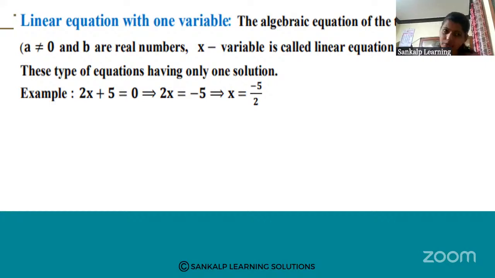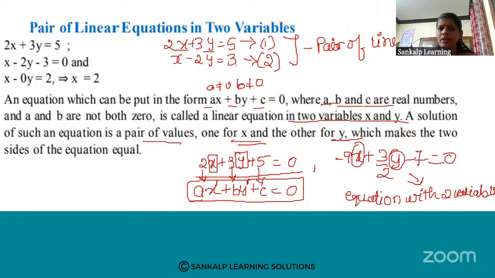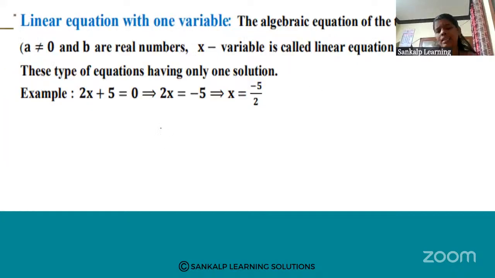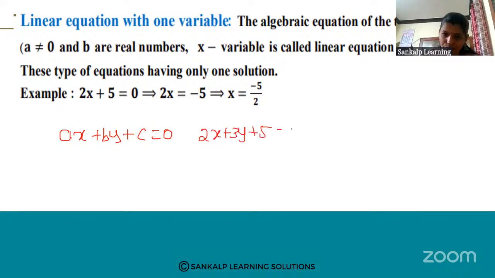Next, a linear equation with two variables. If I consider a linear equation with two variables, then the general form is ax plus by plus c equal to 0. For example, 2x plus 3y plus 5 is equal to 0. This is the linear equation with two variables. Why? Because the highest degree of the variable is 1. If the highest degree of the variable is 1, that equation we call a linear equation, right?